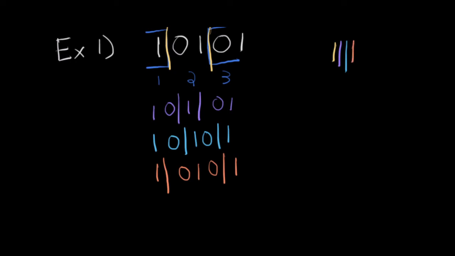So there's 4 ways that we can split the string. And remember, splitting is just drawing 2 vertical lines, separating the groups such that there's an equal number of ones in each group. That's the approach we're trying to take, and that's why it works on example 1.